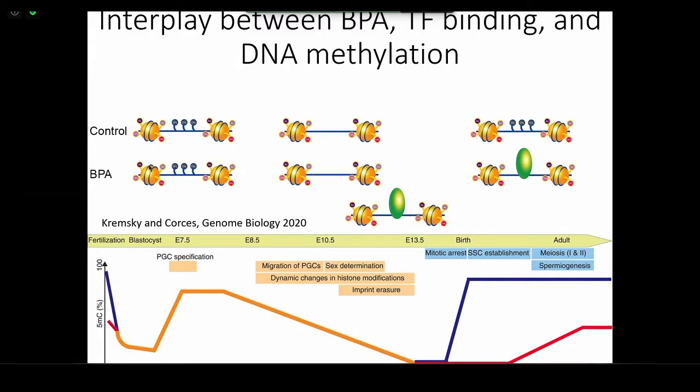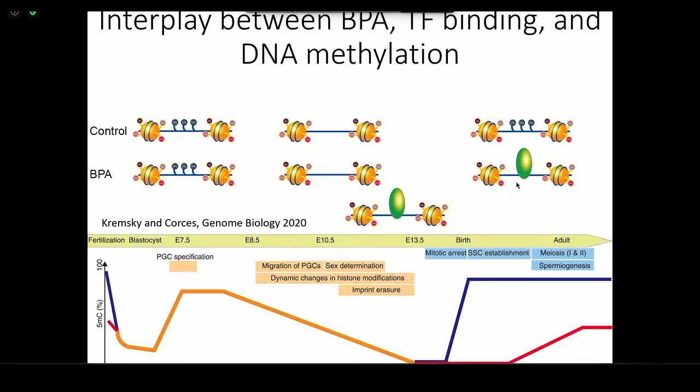So normally the DNA at this time is methylated, it becomes demethylated, and then is methylated again, and that's the end of it. Now, if at the time when the DNA is demethylated, you perturb the environment in the germ cells of the embryo such that you alter transcription, then some transcription factors that normally are not present there, or are not present at the same levels, are going to be able to bind to the DNA at sites that are demethylated.